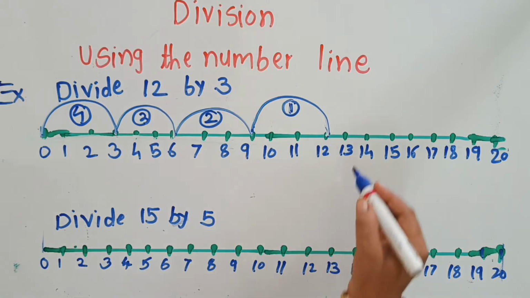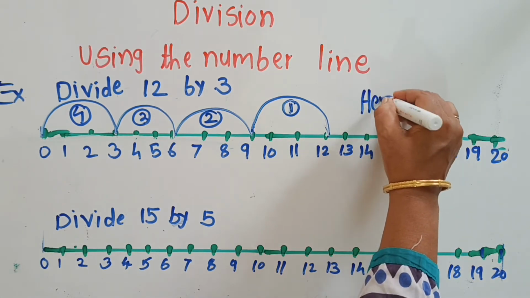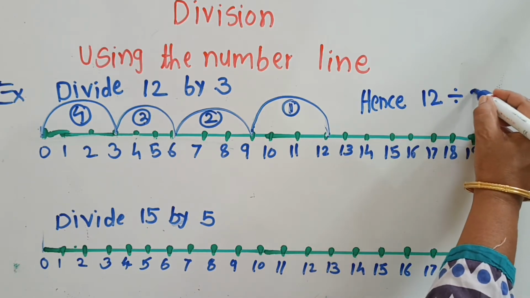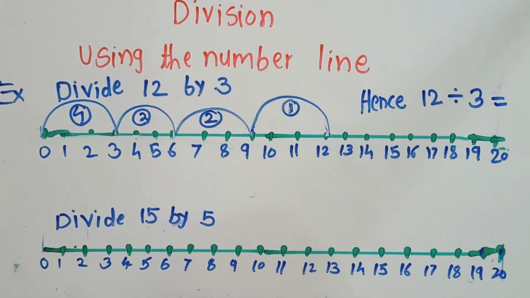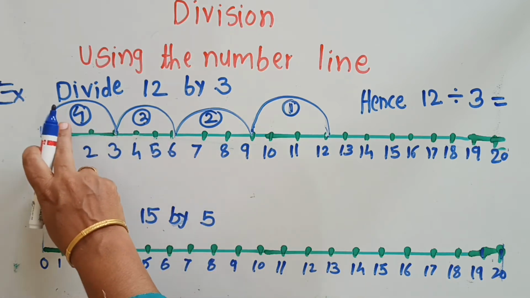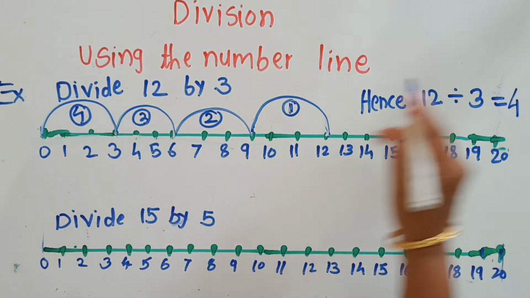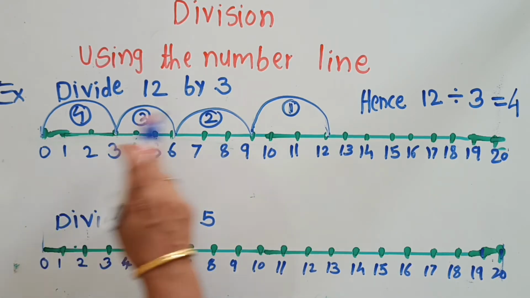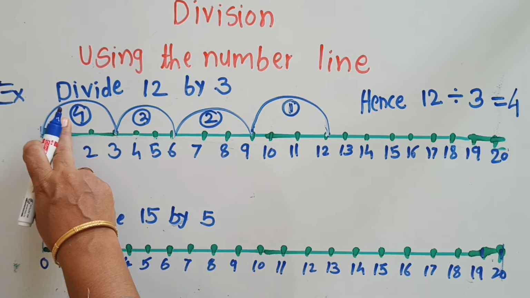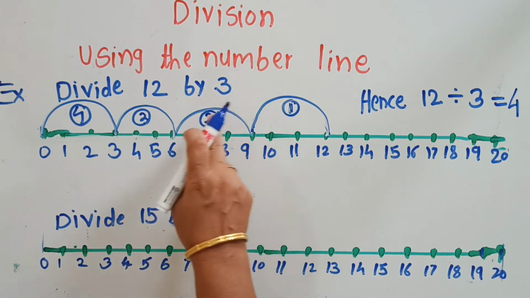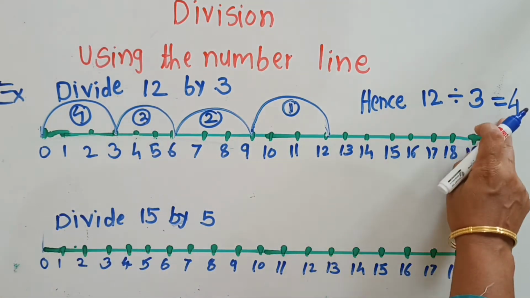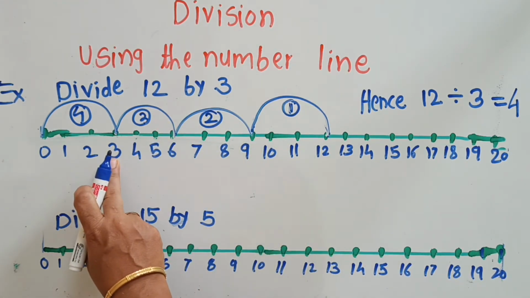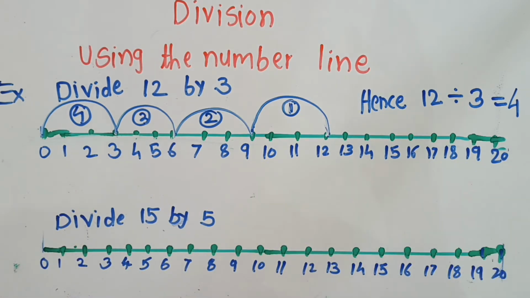So hence, 12 divided by 3 is equal to 4, because we jump backward till 0. How many steps? 1, 2, 3, 4. So the answer is 4. Understand children? This is division using the number line.